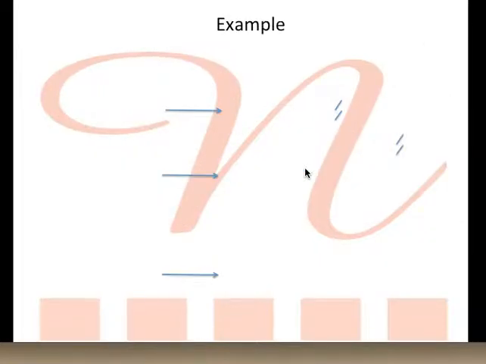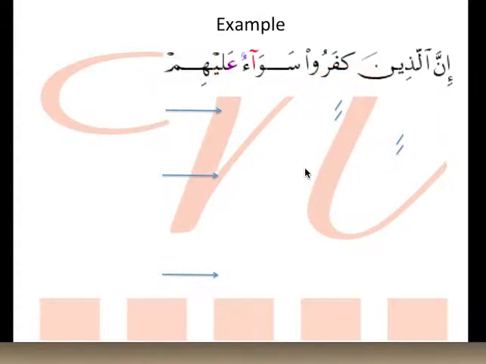Let's have an example about this. That's part of the ayah from Surah Al-Baqarah: إن الذين كفروا سواء عليهم. Now, if we look at the سواء, the Hamza has ضمتين, or تنوين الضم, 2 ضمة, 2 vowels.